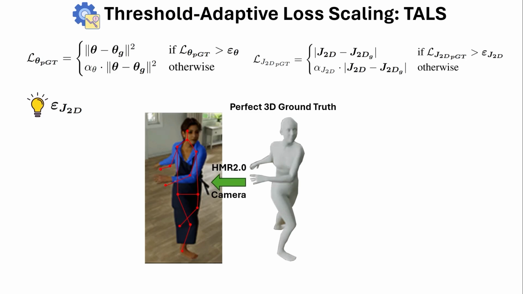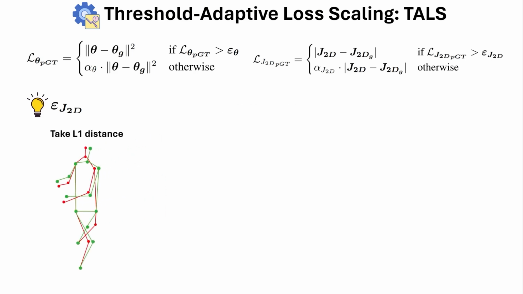And now we have some noisy 2D keypoints. Let's look at this and the actual 2D keypoints that I achieve if I use the actual camera model, and try to calculate the L1 distance between these two. And do it over all the training data and use the normalized average of these distances as the threshold. So what that means is that if I use a noisy camera model like HMR2 and I have some distances that are less than this distance, then that means I'm kind of overfitting to that noisy HMR2 camera model.